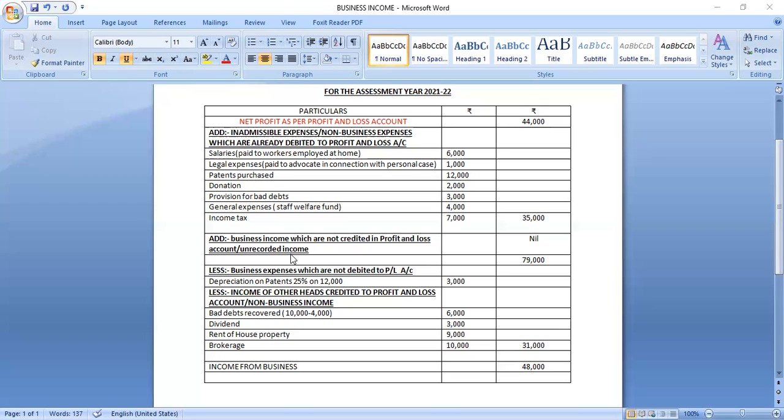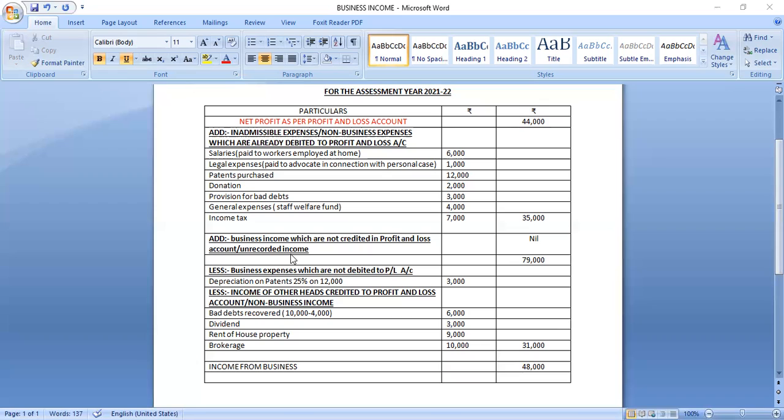You have to remember the rates of depreciation. I have posted the table in the WhatsApp group. For example, if it is a non-residential building, you have to calculate 10%. Suppose it is furniture, fittings, electric fittings, any fittings, you have to calculate 10%. Suppose it is a motor car or plant and machinery used for business, you have to calculate 15%.